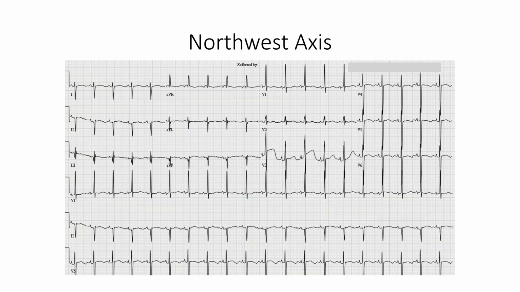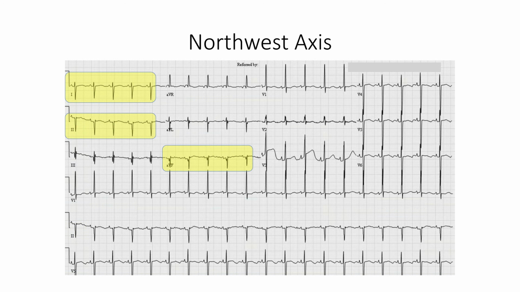So if we look at these leads, we find a deep S in leads 1, 2, and AVF. And these are all signaling depolarization that happens in a direction opposite from the normal vector of depolarization. And so this is a northwest axis because we see a negative QRS in leads 1, 2, and AVF.